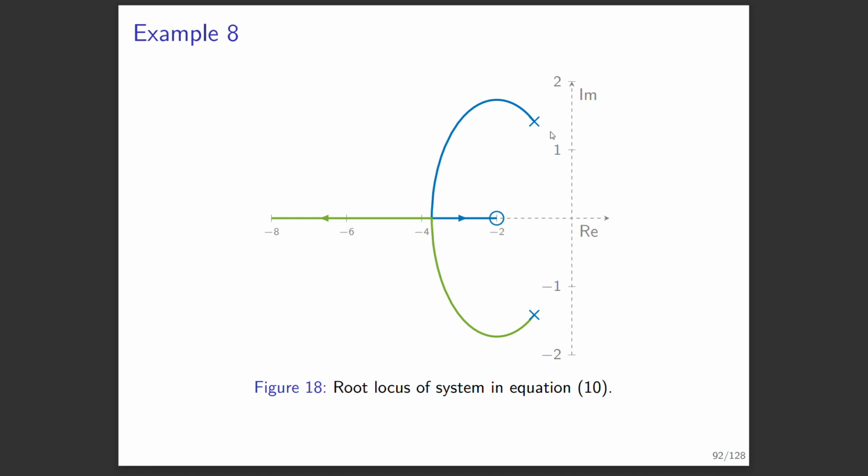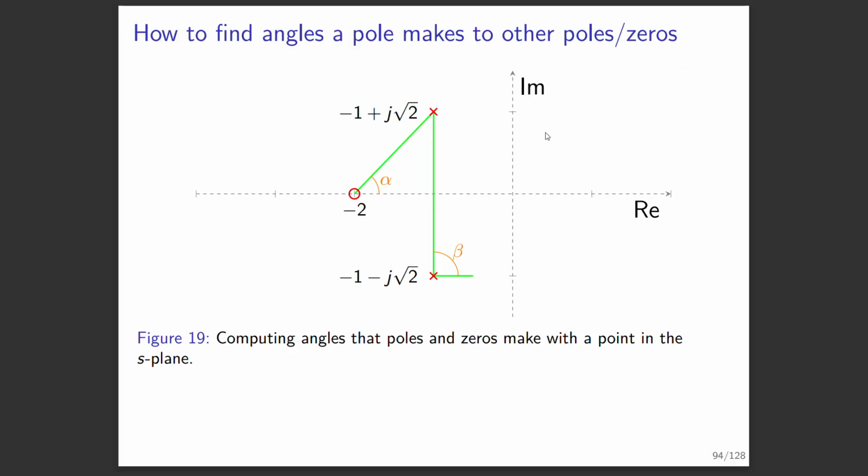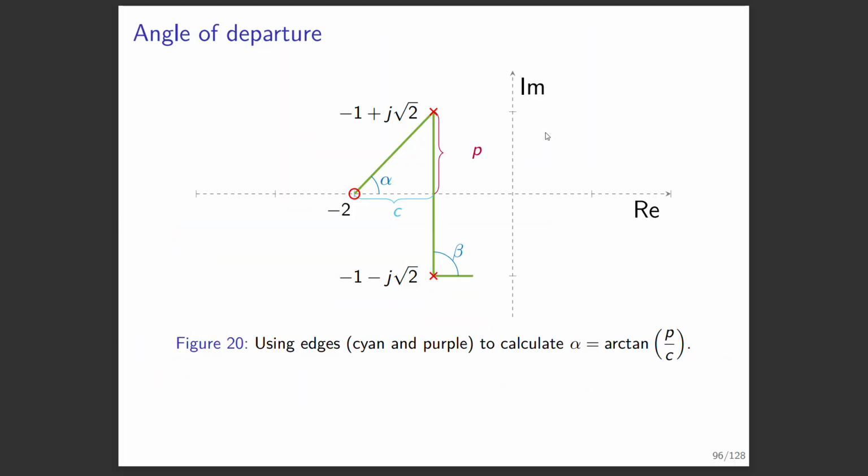It's more than 90 degrees and it's less than 180 degrees, right? So it makes sense. I have 144 degrees. So this is explaining that again in symbolic terms, that alpha would be arctangent of P divided by C.